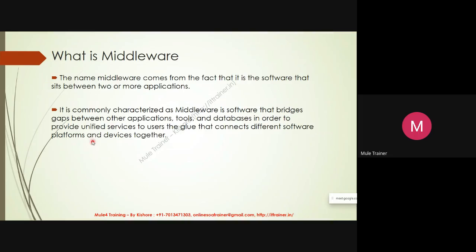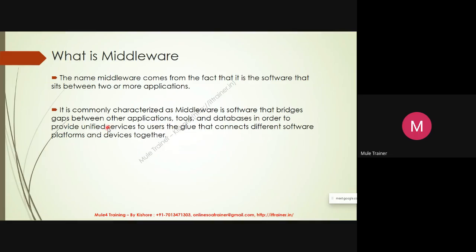These definitions are somewhat big, but try to understand them in such a way that they are very easy. The same definition, but in different terminology: it's a software that bridges the gap between other applications, tools, and databases, in order to provide unified services to the user, that glues and connects different software platforms and devices together.